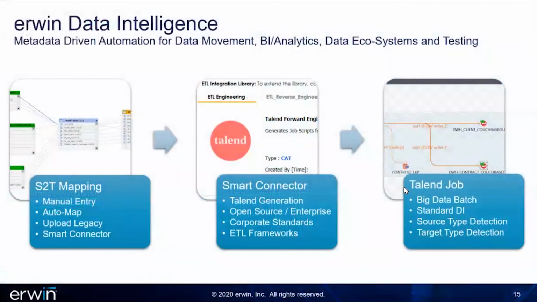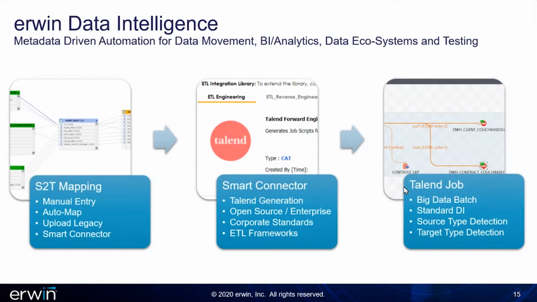We have another solution called Erwin Data Intelligence, and this is a full-on capability that allows you to start with your metadata, manage that metadata, activate that metadata, and then really drive that out into the ability to automate your environment, govern that environment, and provide the intelligence required to your end users to understand and leverage that environment to its greatest effect for the business.